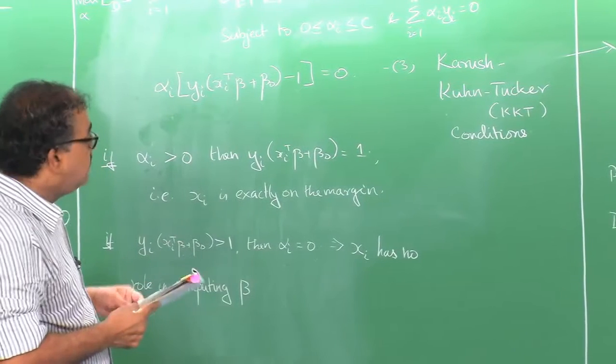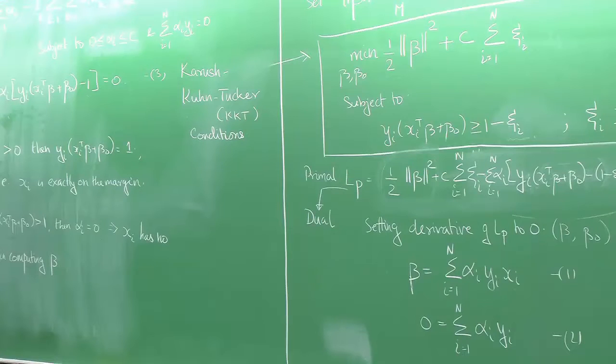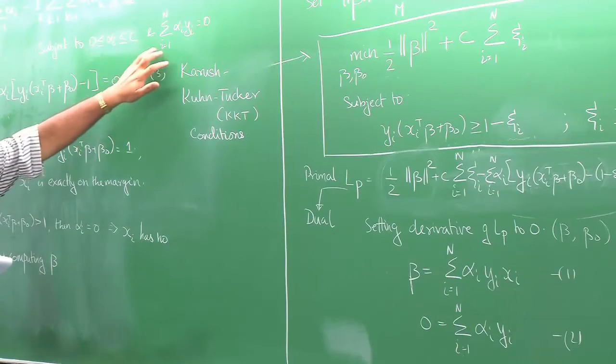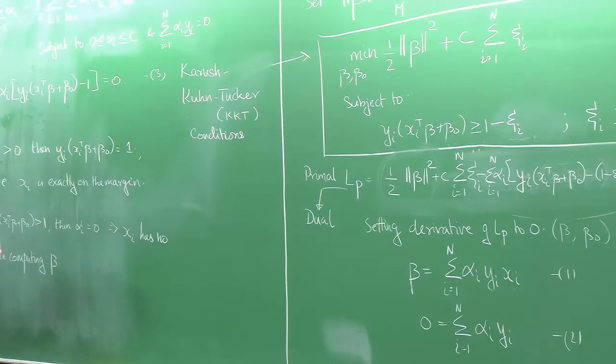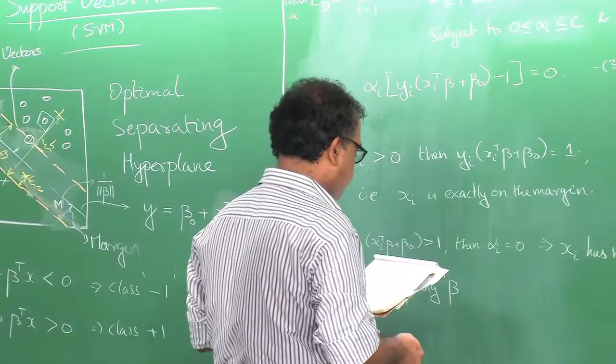And the summation of alpha i y i has to be equal to 0, that we already have as a condition.